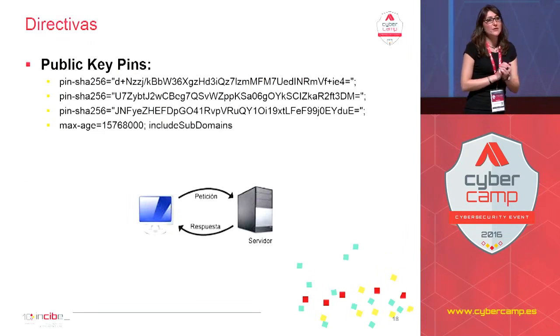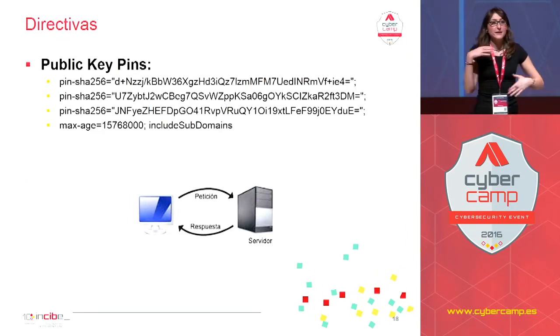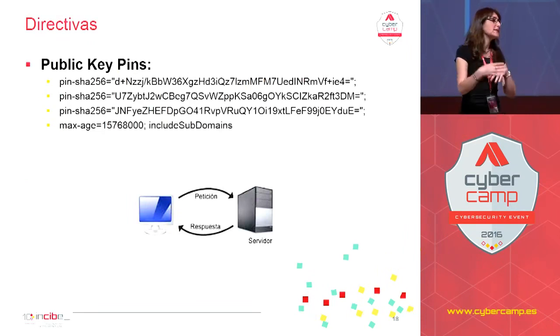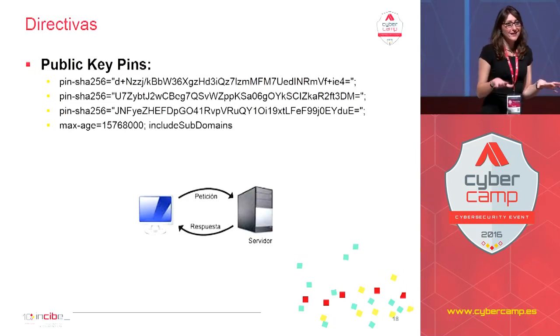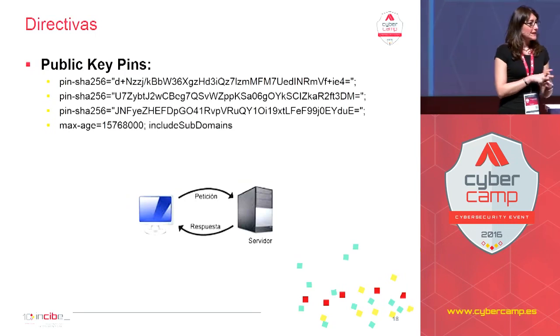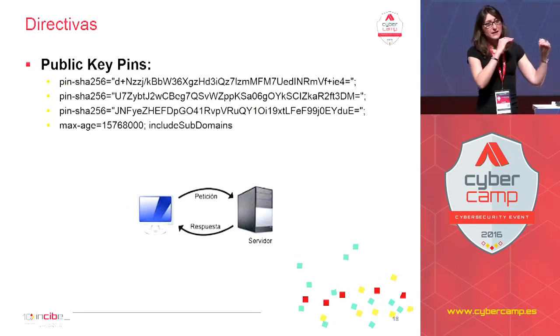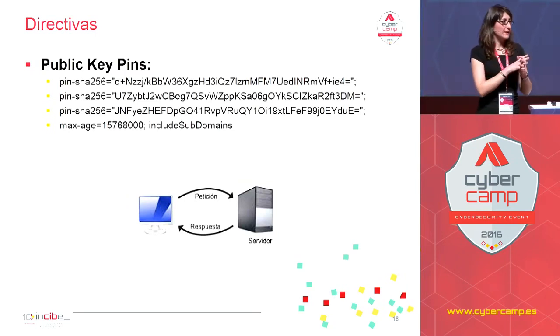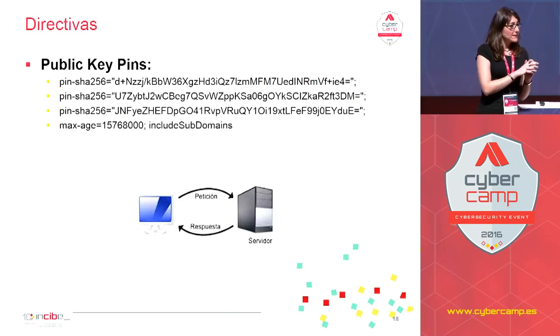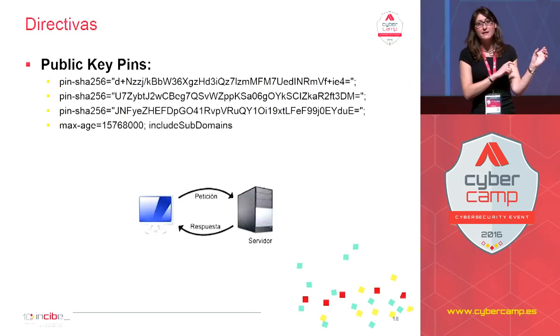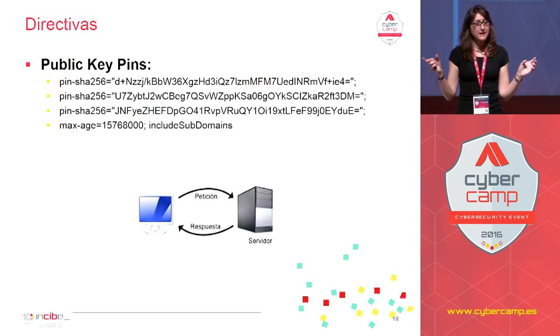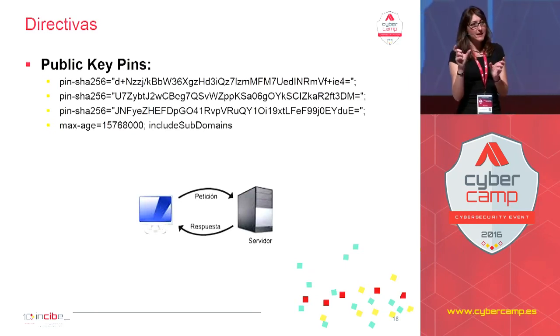Here on this chart, we can see an example because we are talking about max-age, directives, pins. Just to make it more specific, I've brought this example with me. These are 3 different pins. Here we are specifying a max-age, this time the number of seconds in 6 months.